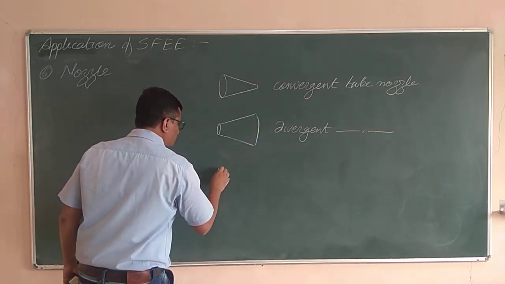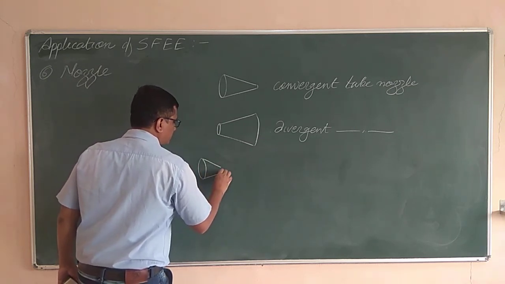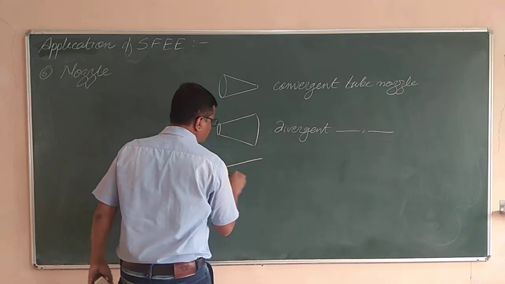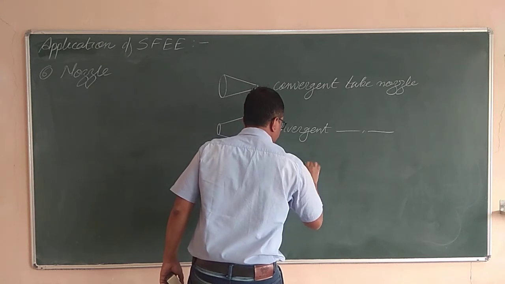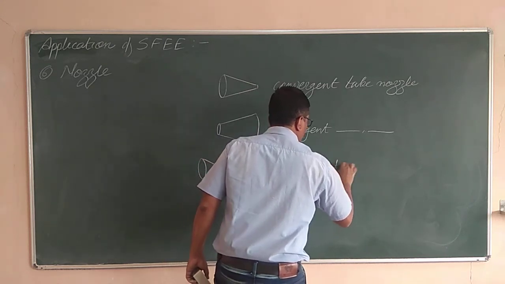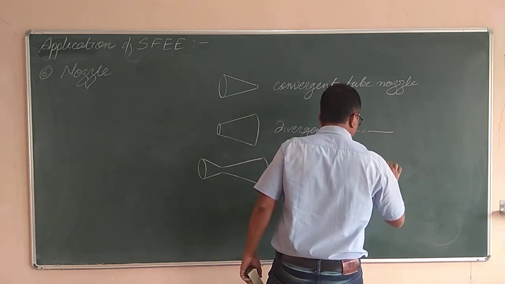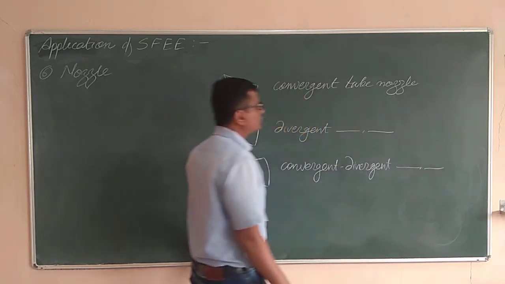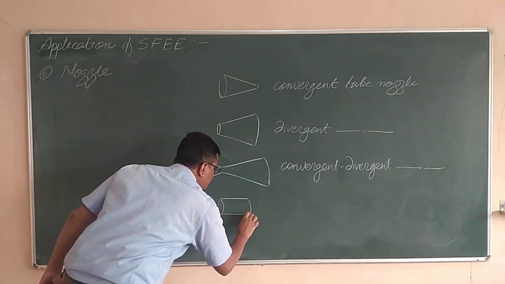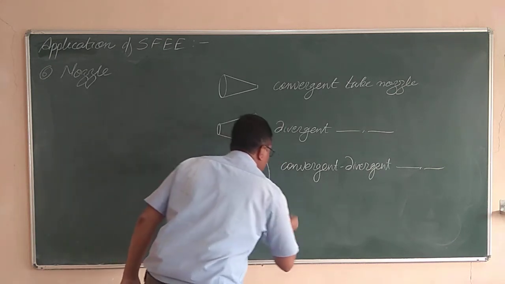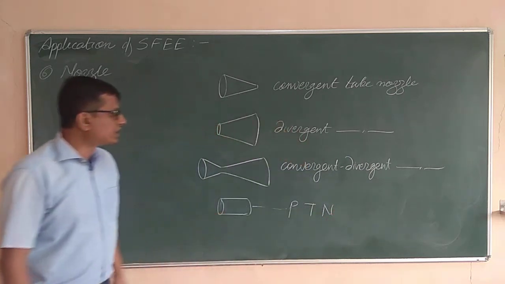There is one more nozzle known as the convergent divergent tube nozzle. And there is one more type of nozzle, that is the plain tube nozzle. This is the plain tube nozzle where the area of cross section remains the same. So rarely we come across this nozzle.